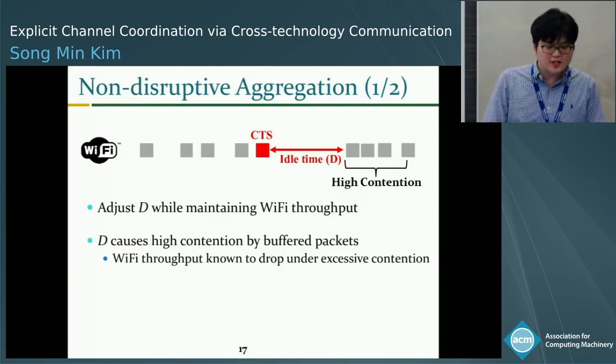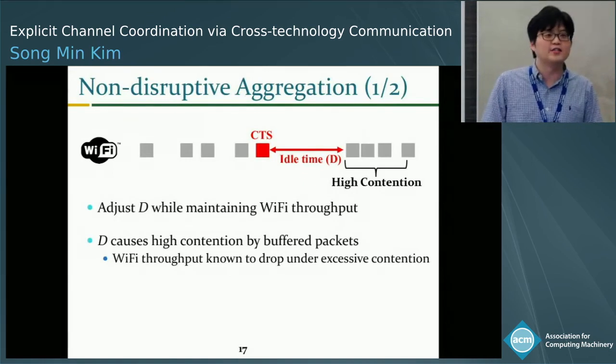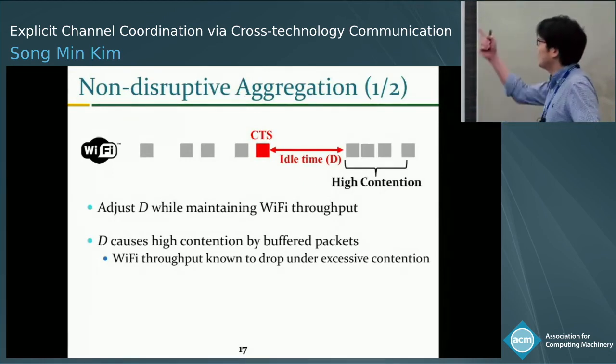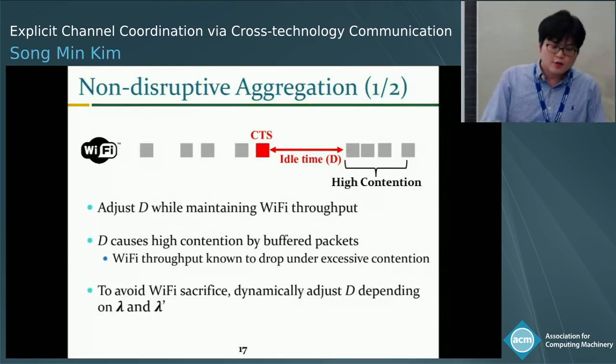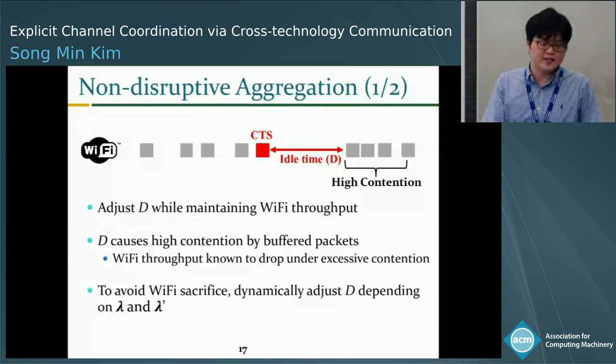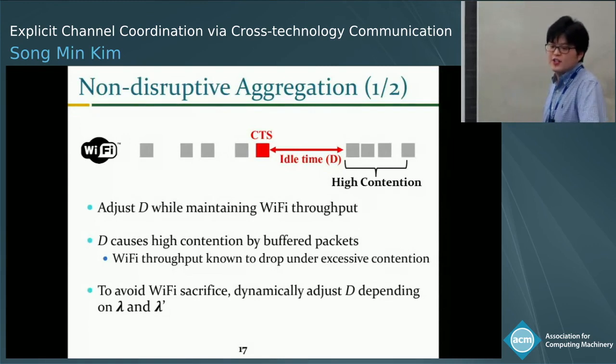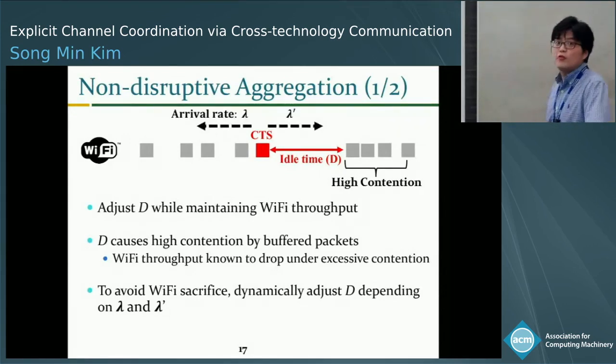We note that D causes high contention by buffered packets right after the idle time D. And it is well known that Wi-Fi throughput drops under excessive contention. So to avoid such Wi-Fi sacrifice, we dynamically adjust D depending on lambda and lambda prime, which are the arrival rates measured before and after CTS.